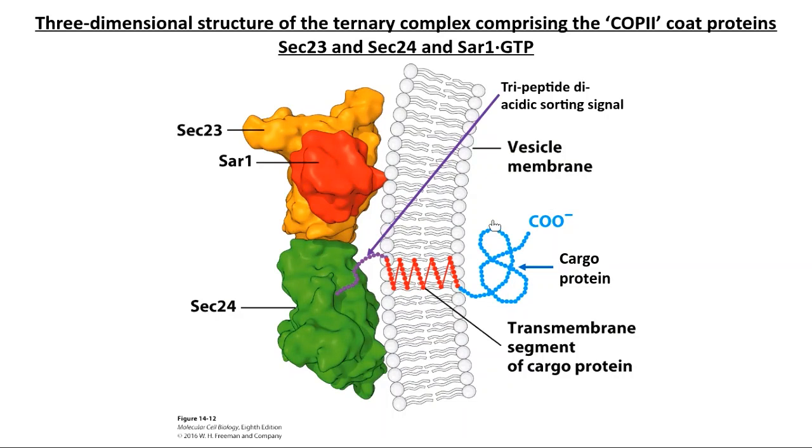That is why recruitment of Sec24 by SAR1 is extremely important. Sec24 recruiting the tripeptide diacidic sorting signal is extremely important so that this sorting signal can actually bind the specific cargo protein to be transported.